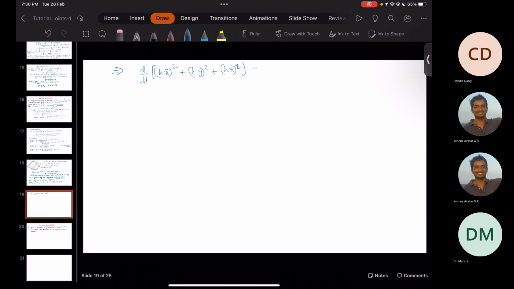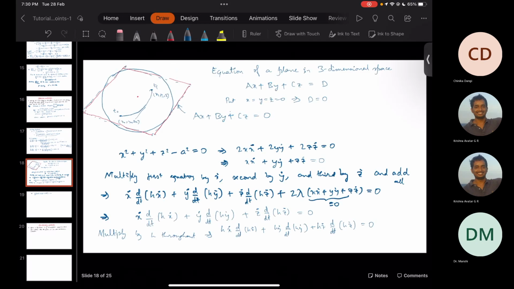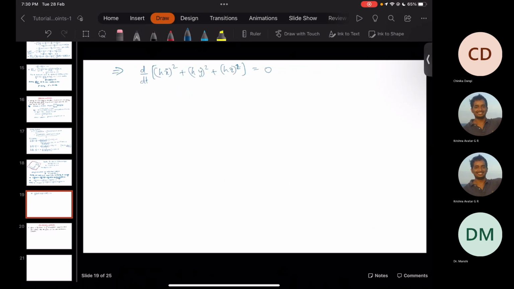Can we do this? Of course we can, right? And this is throughout by 1 by 2, and this 1 by 2 we can take to the other side and it becomes 0.